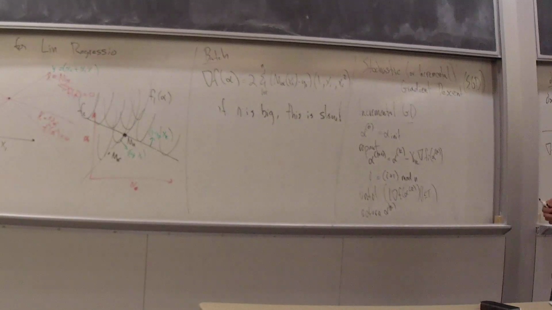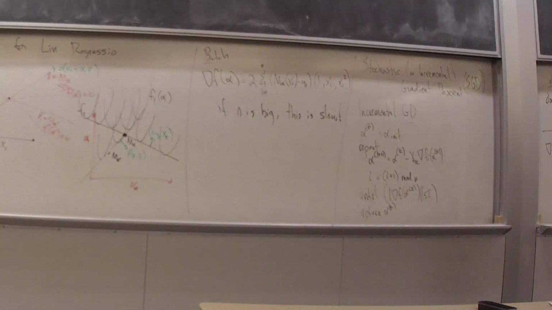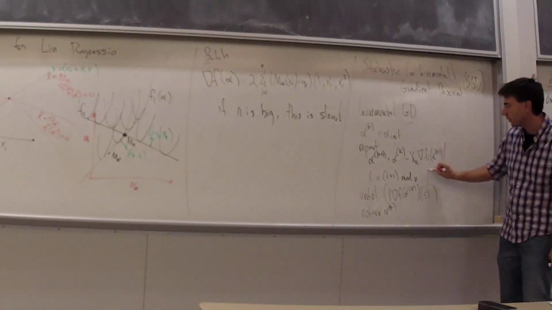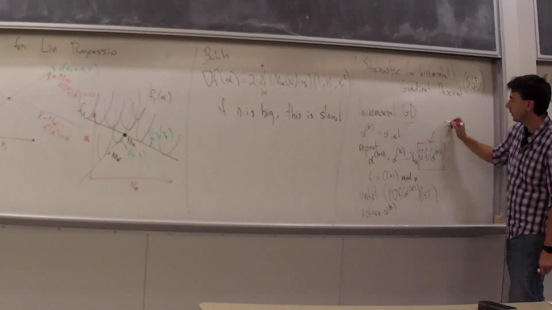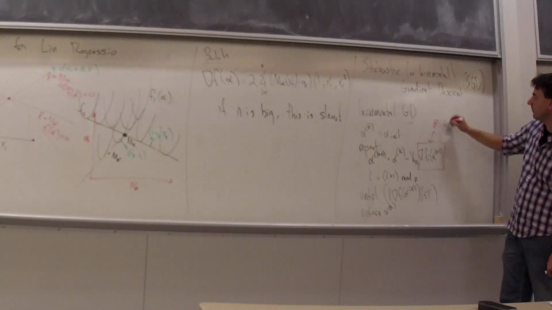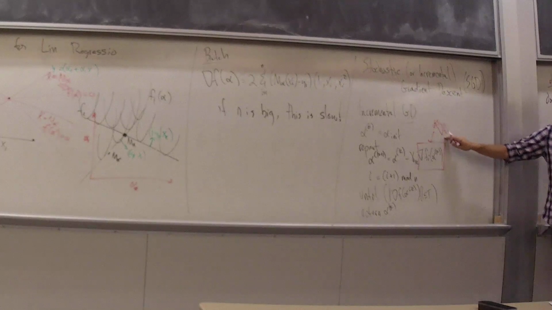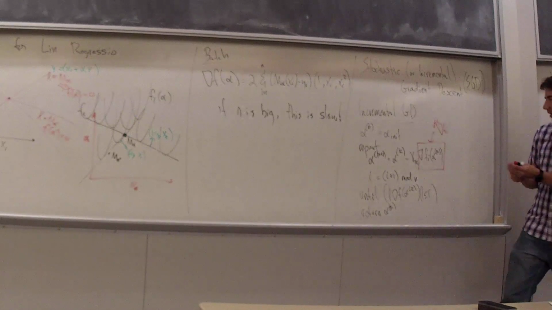The main difference here is that now I'm only going to use the gradient using just one of the data points. And so I'm going to kind of cycle through these.